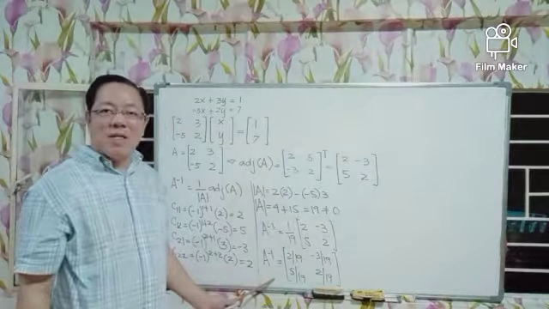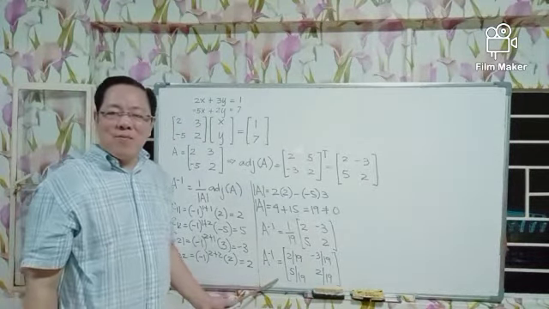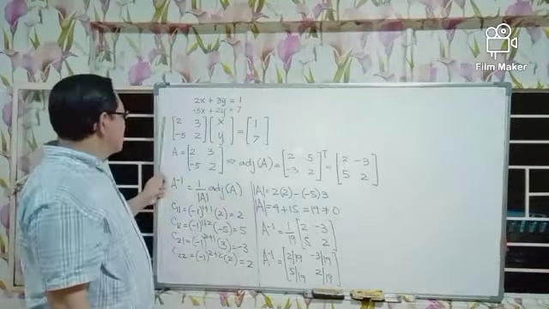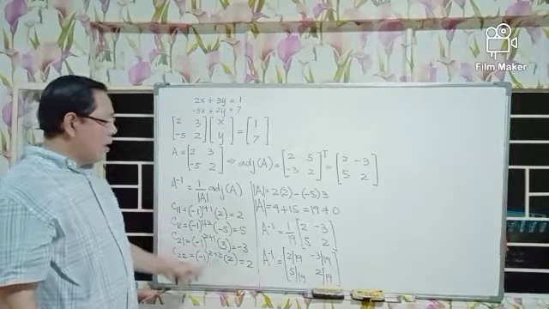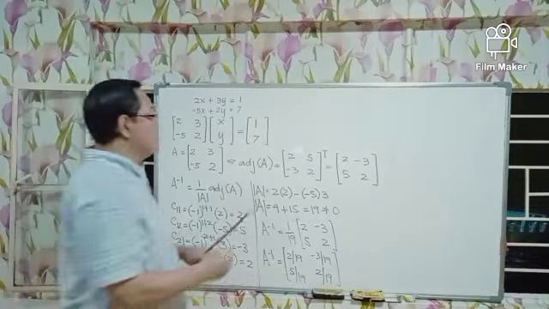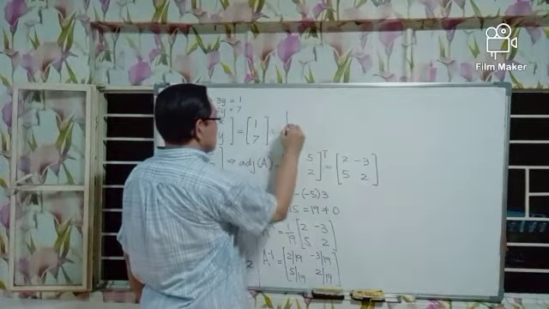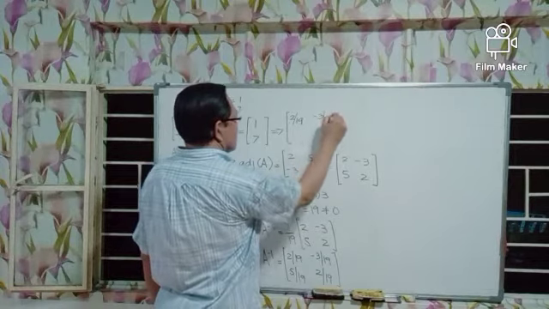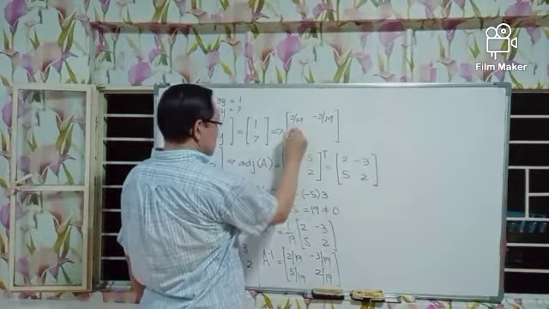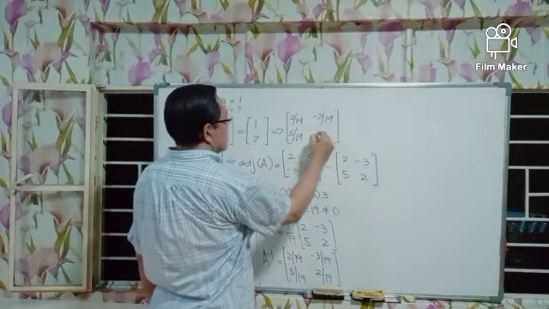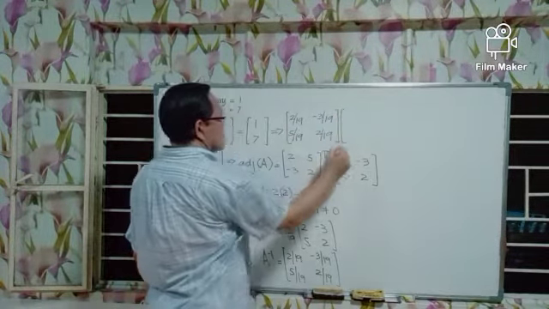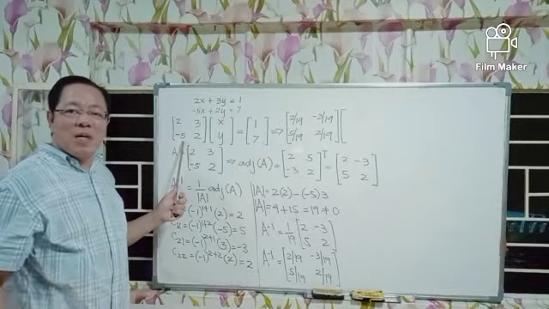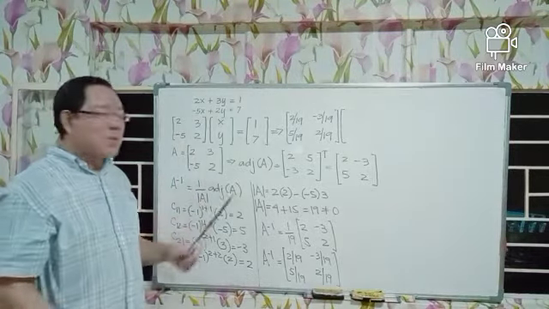We assume that this is the correct inverse of matrix A. And after you get the inverse of matrix A, you multiply both sides of this matrix equation by the inverse of A. So the left hand side, we multiply by the inverse of A, 2 over 19, and we multiply by this square matrix whose entries are the coefficients of the variables x and y: 2, 3, minus 5, 2.